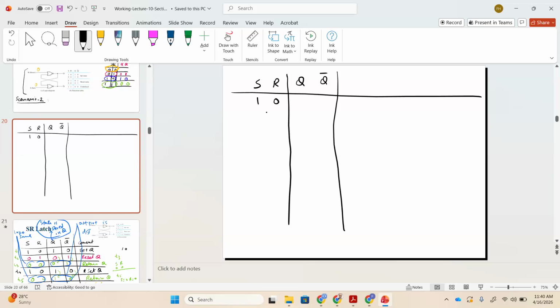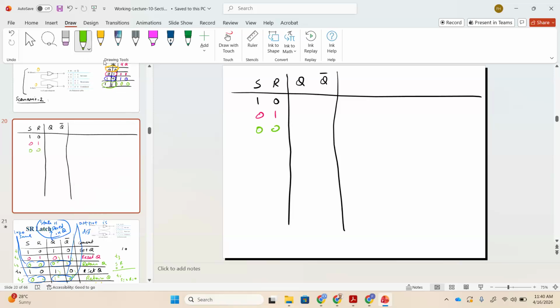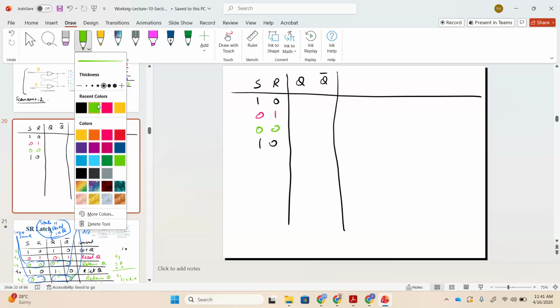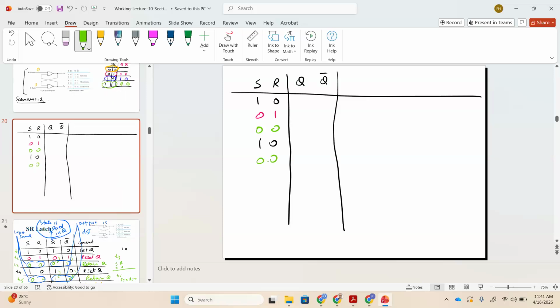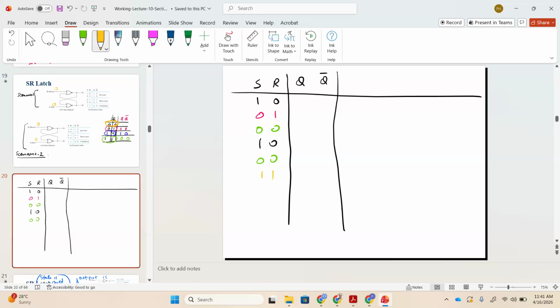The rows are 1, 0; 0, 1; 0, 0; 1, 0; 0, 0; 1, 1, 0, 0. Anyone may answer: if S is 1 and R is 0, what should my output be?